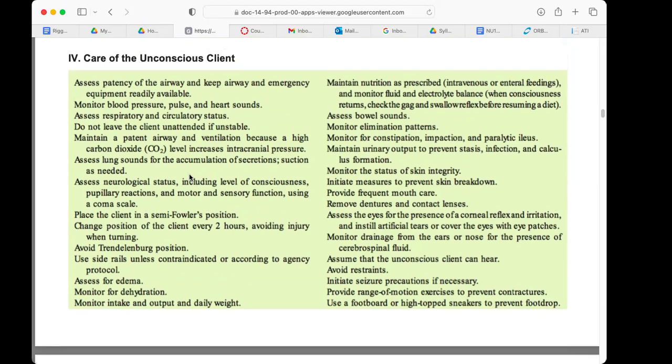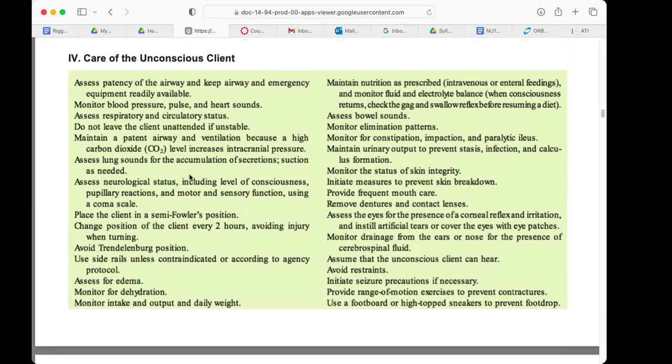They might have an NG tube and be on the feeding tube, like the kangaroo pump. In more complicated situations, they might be on TPN. So just monitor their weight and communicate with the doctor and the nutritionist to make sure that the patient is getting the right nutrition based on their situation.